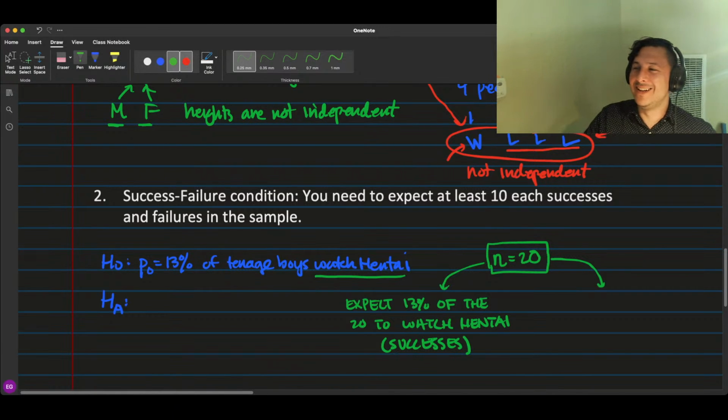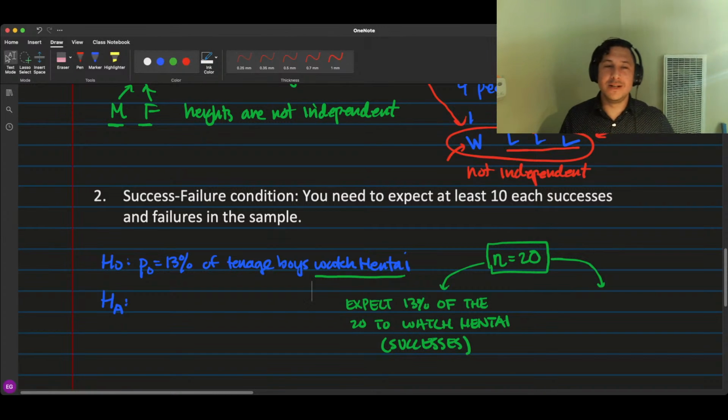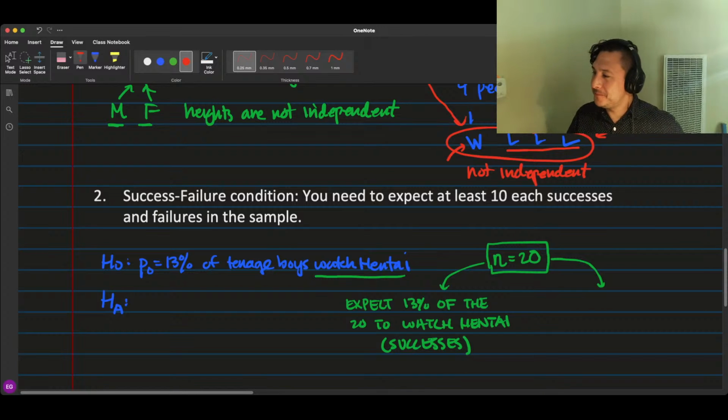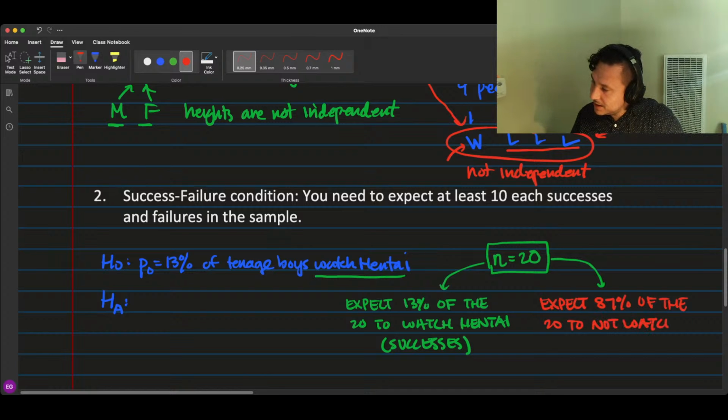Now, what percentage of them do you expect to not watch hentai? Yes. You would expect 87% of the 20 to not watch hentai.